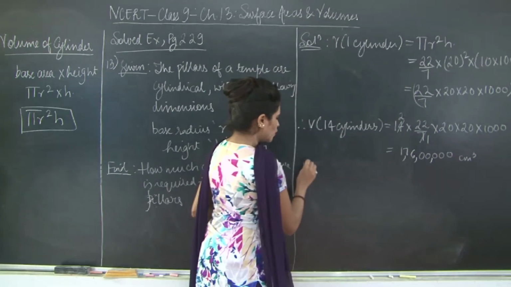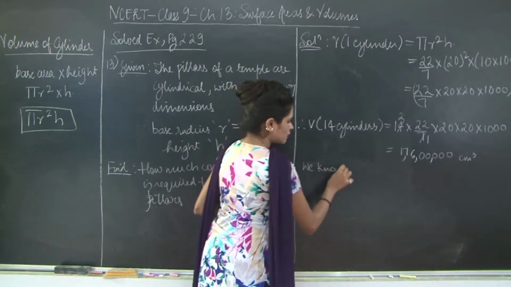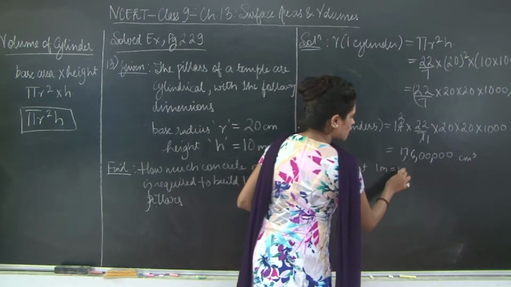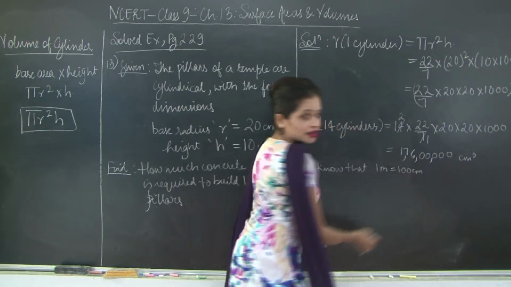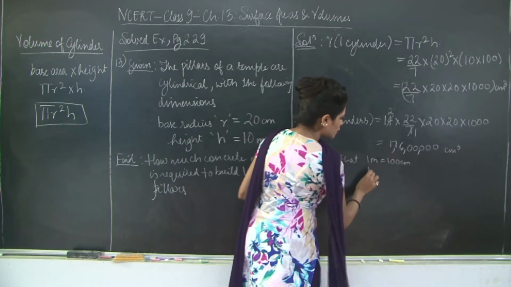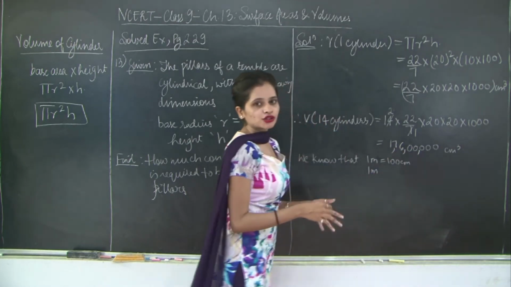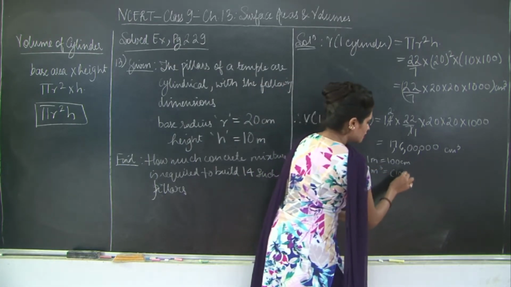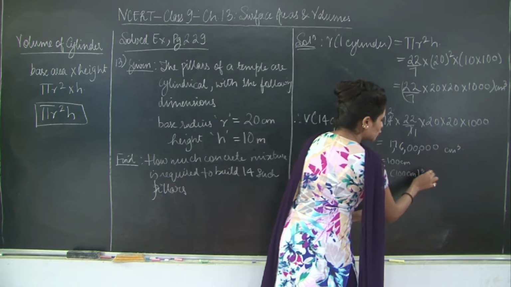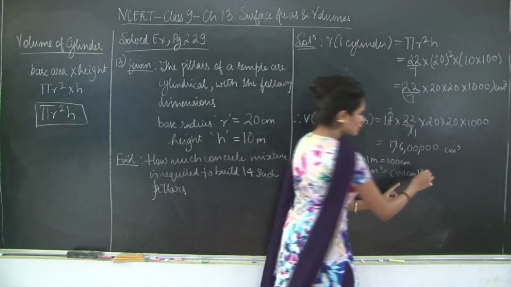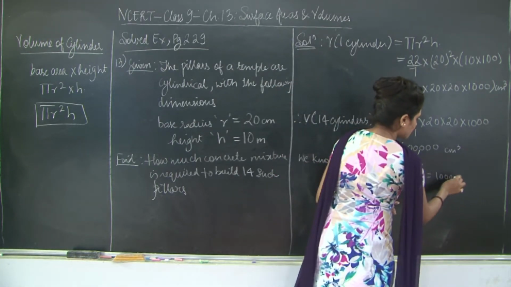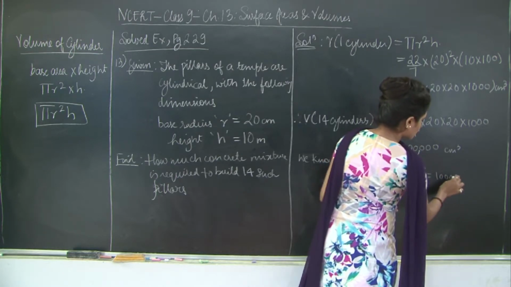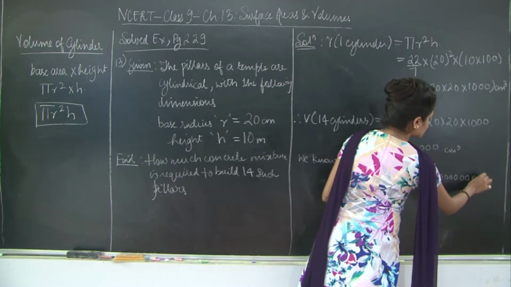So now we know that 1 meter is equal to 100 centimeters. Now this is in cubes, so the volume is always going to be in unit cubes. Therefore 1 meter cube is going to be 100 centimeter, the whole cube. So the cube of 100 is going to be 1, 2, 3, 4, 5, 6 centimeter cubes.